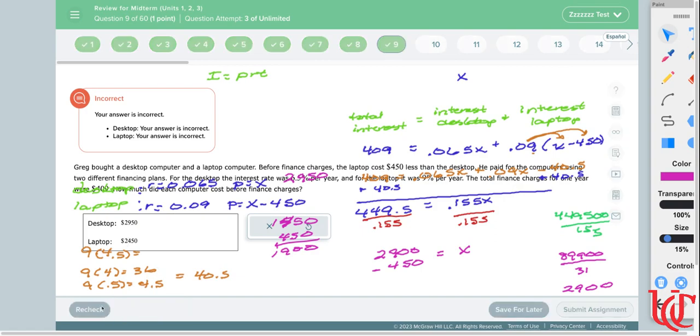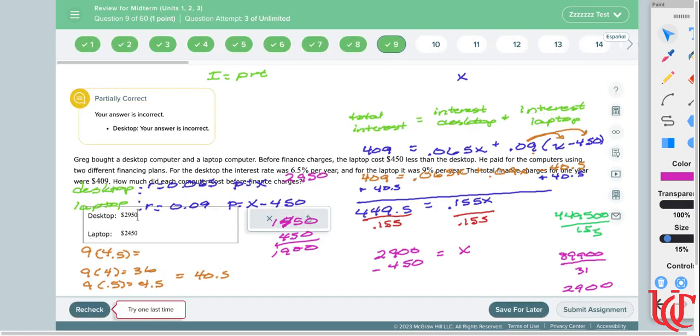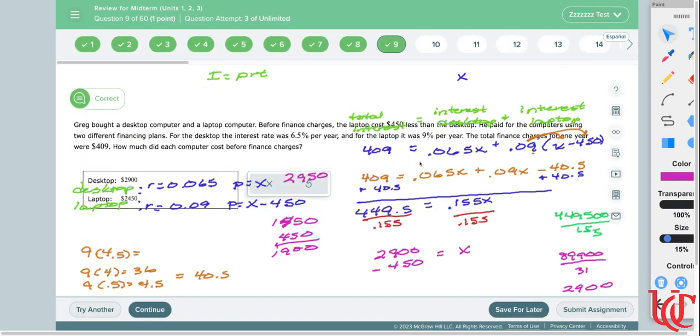All right, recheck. My desktop is incorrect. Oh, it's zeros. Awesome. Gives me 3 strikes to get it right. I can't type. That's okay. Actually, this was written wrong, so this is a 2. All right, so don't make my writing mistakes, and you should be good. All right.